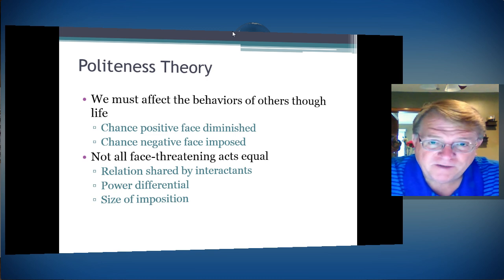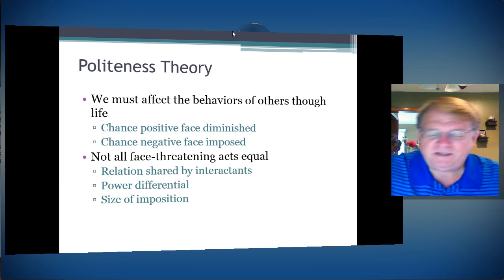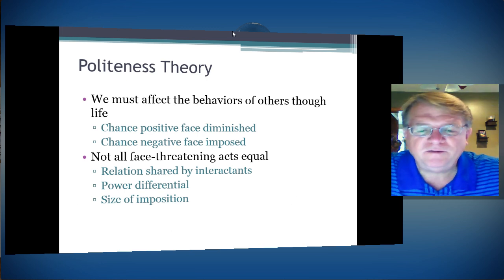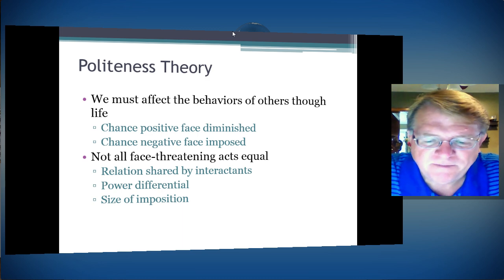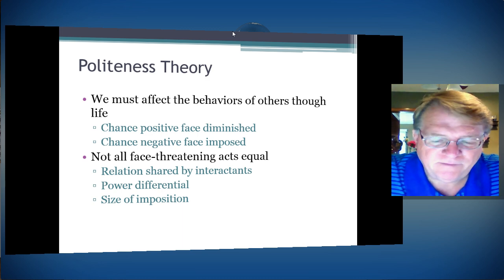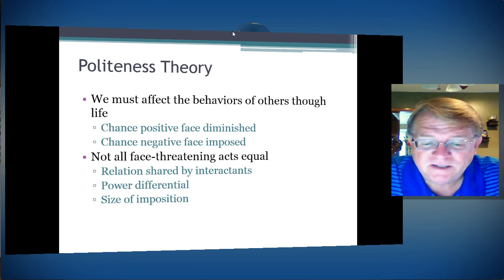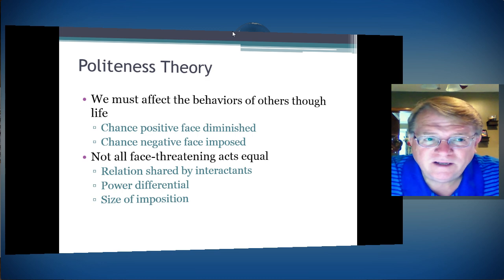And the truth of it is that face-threatening situations are not at all equal, not a bit. When you're trying to decide, should I say something or shouldn't I say something, you know that it could have a negative impact. The things that you have to consider are, for instance, the relationship that's shared between you and the other person, and the power difference.